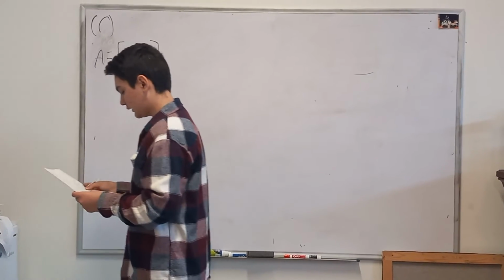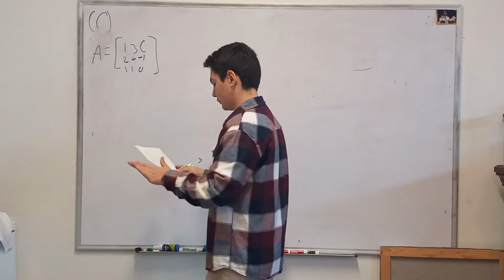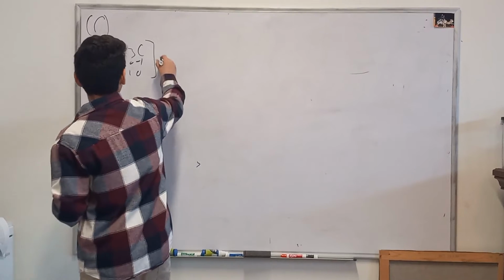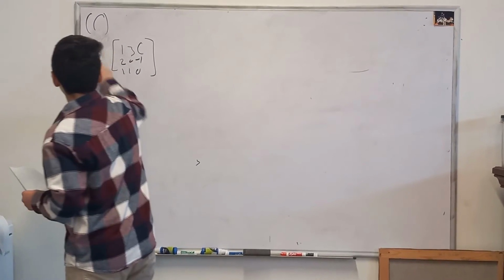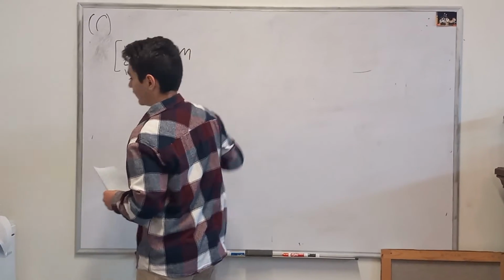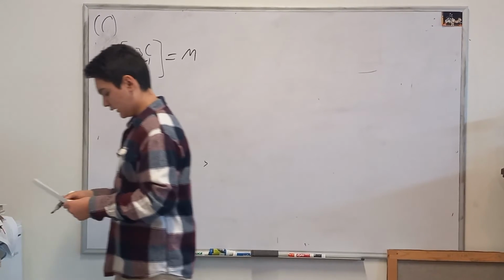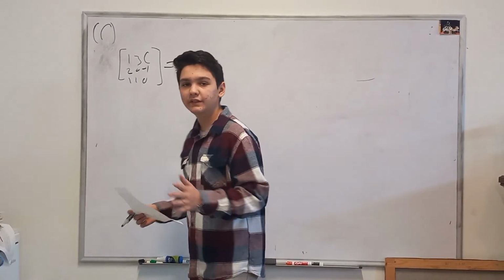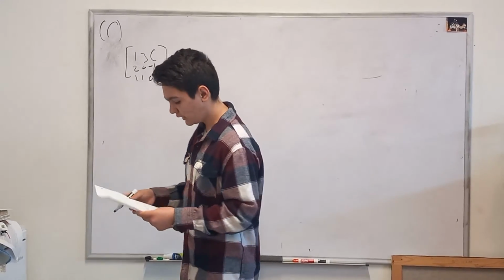And then we're going to find a C that makes it invertible. So this is equal to some matrix M. Now we know whenever the determinant is not 0 it's invertible, so we need to make this 0.